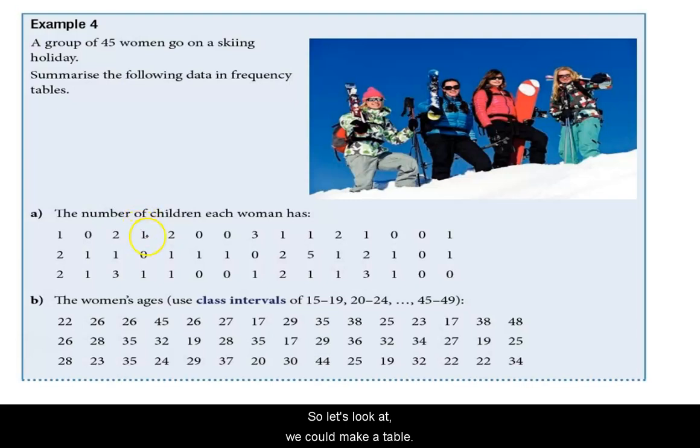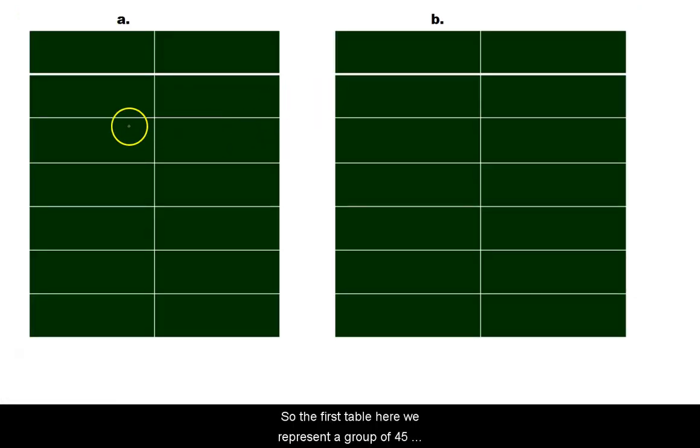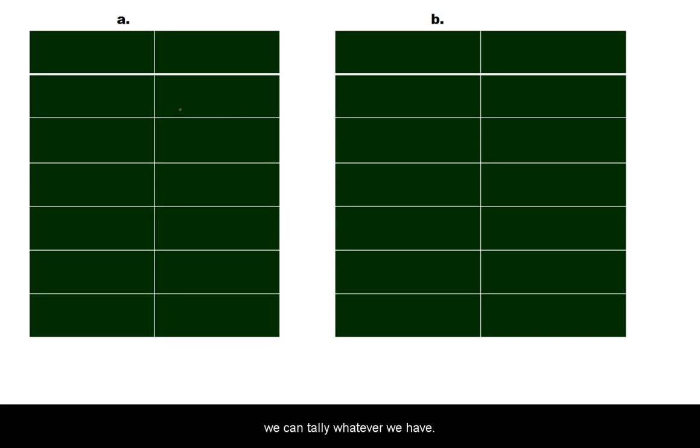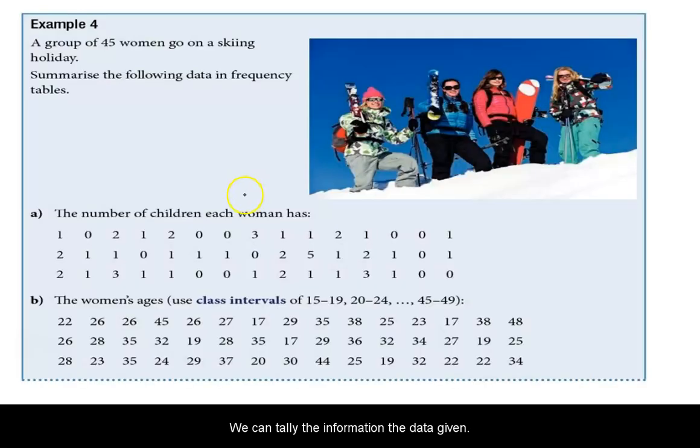So let's make a table. The first table will represent the group of 45 women that go on a skiing holiday. We want to summarize the following data in that table. For us to be able to do that, we can tally the information given.